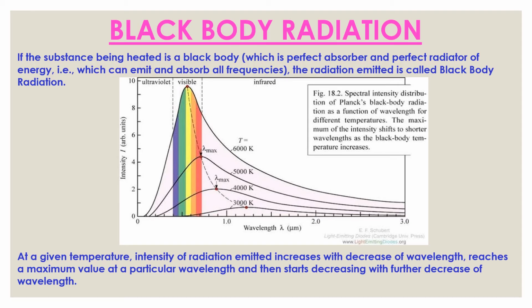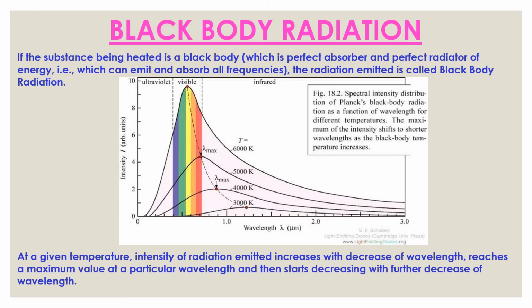So now we can see over here, students, the variation of intensity with the wavelength at 3-4 different temperatures. So you can see the graph between intensity and wavelength. Using this very graph, what can we conclude?